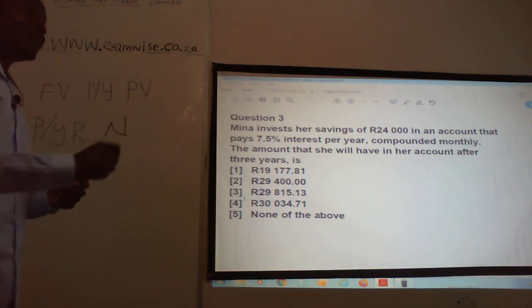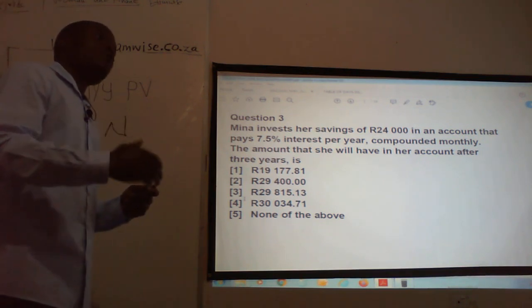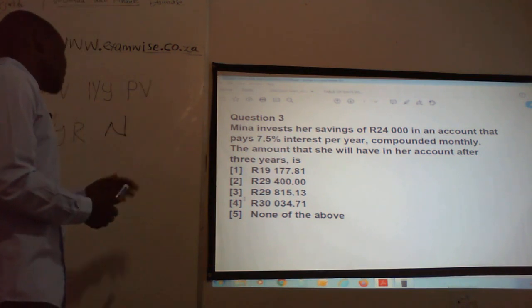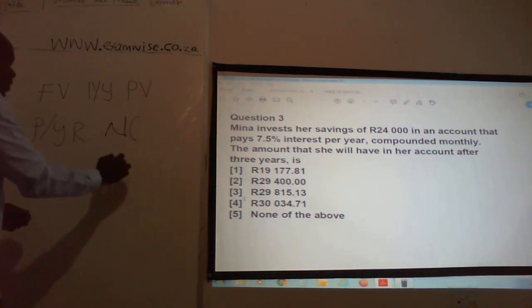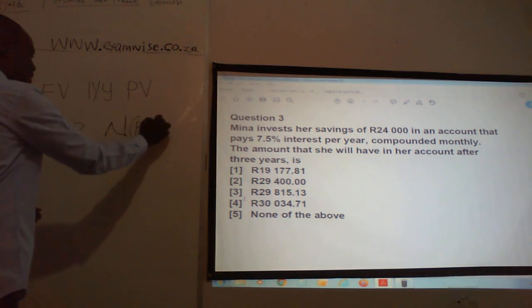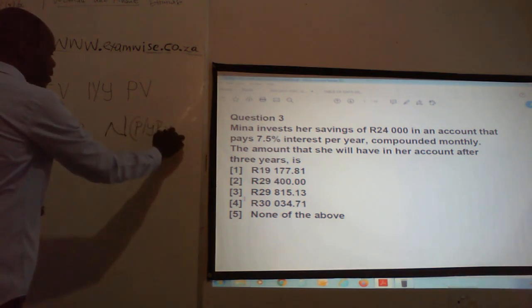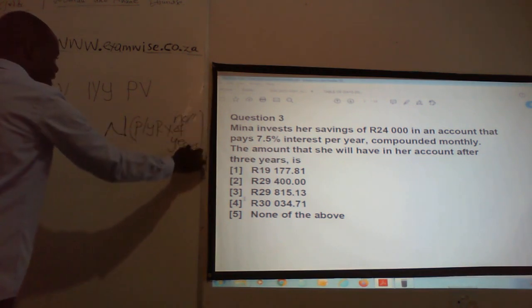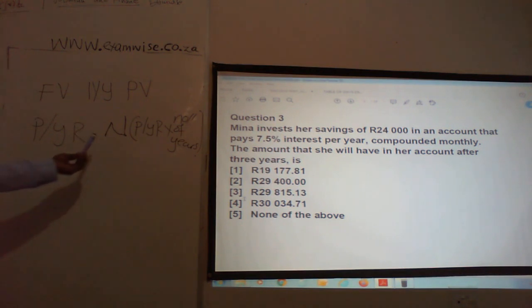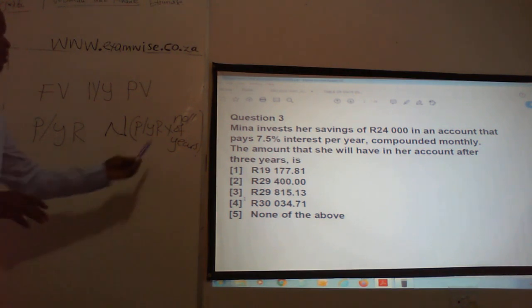So our N will be P over YR, which is the number of compounding periods per annum, multiplied by the number of years. That is how we calculate our N.